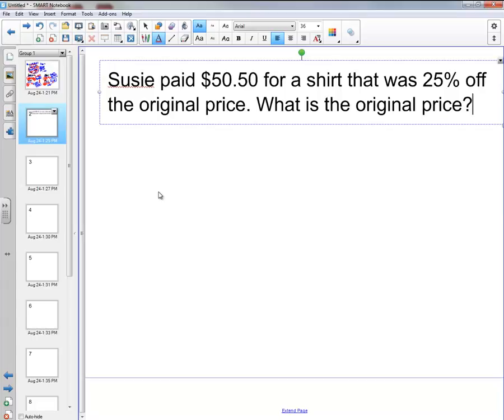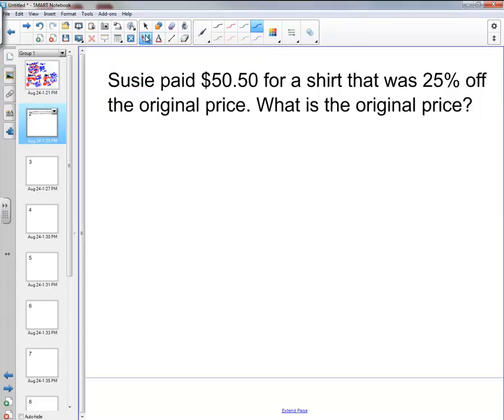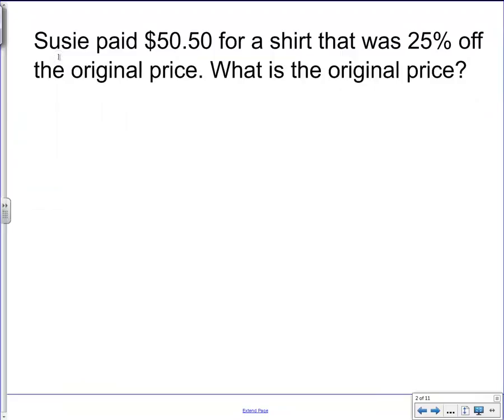All right, so the part of the whole, let me write this and set this up a little bit for you. We know the percentage off and we know the part of the whole. So we're going to set this up.